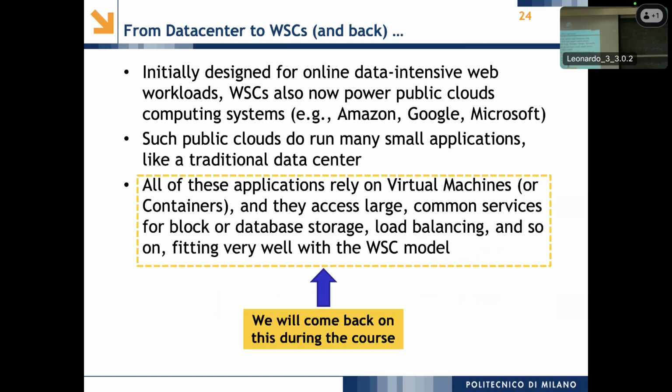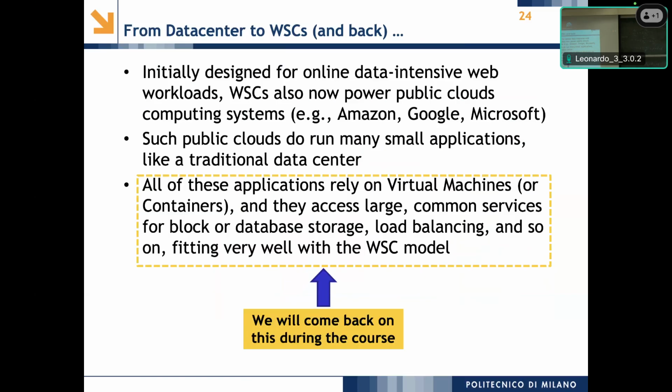Okay, what is the enabling technology? That's the key thing. Nowadays we run the software that we used to run in traditional data centers in warehouse scale data centers, and the technology that enables this is virtualization.